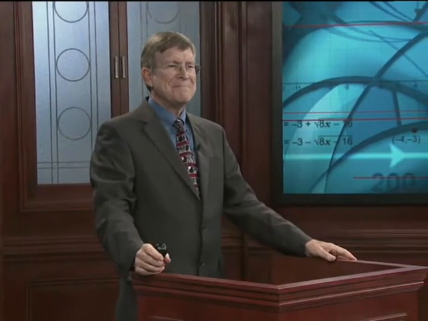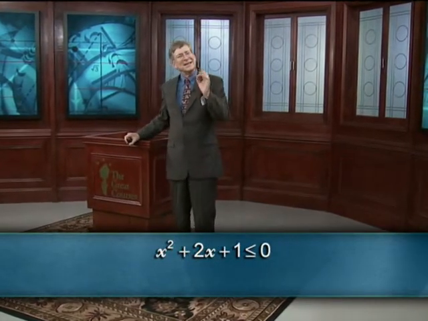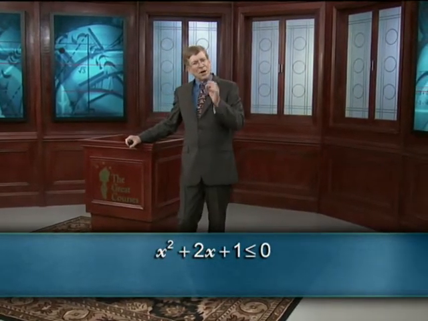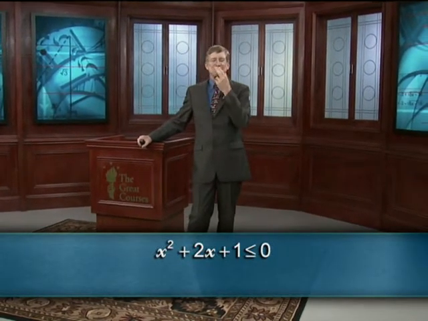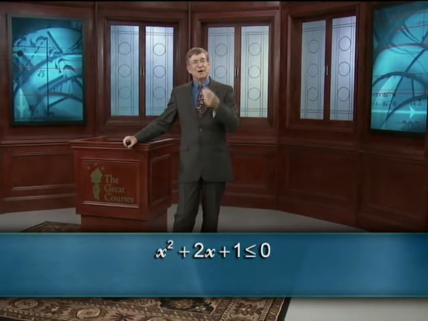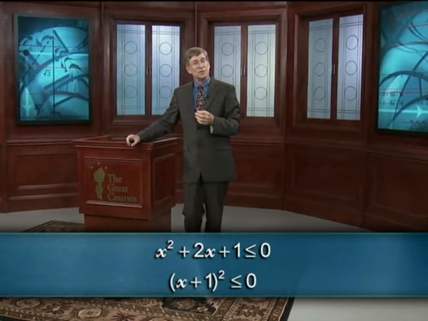There's nothing inside the set. Okay, let's do one more. Again, very similar to what we just did. Let's do x squared plus 2x plus 1 less than or equal to 0. What values of x satisfy that inequality? Well, how am I going to approach that? How about if I factor it? x plus 1 squared less than or equal to 0.